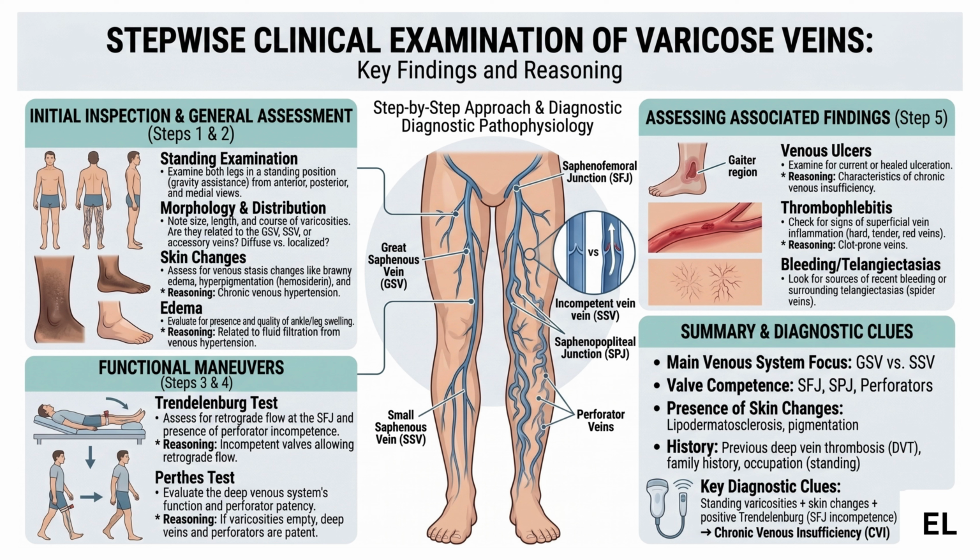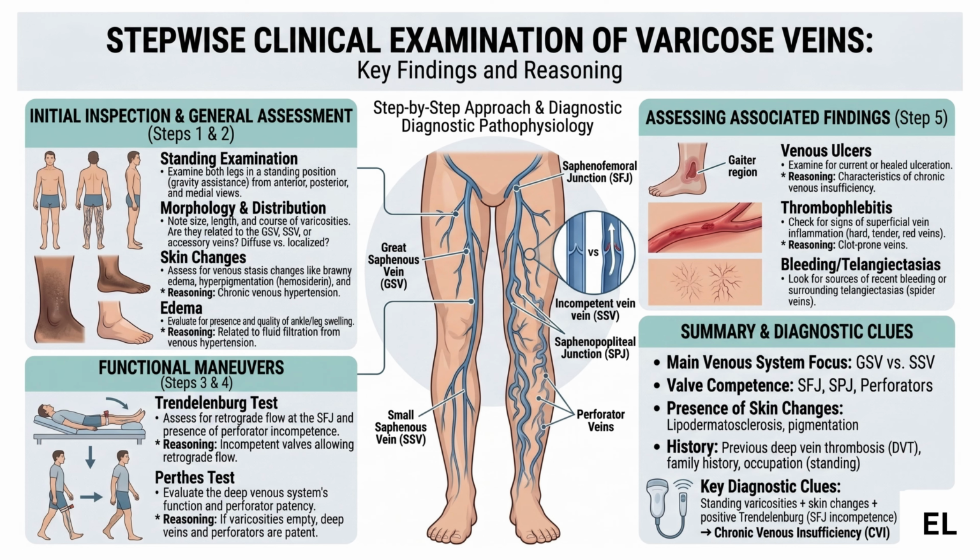Finally, the examination concludes with diagnostic interpretation and clinical correlation. We summarize whether the disease mainly involves the great saphenous system or small saphenous system, whether valve incompetence is present at the saphenofemoral or saphenopopliteal junctions, and whether perforator incompetence exists. We also document the severity of skin changes, edema, ulceration, or thrombophlebitis.